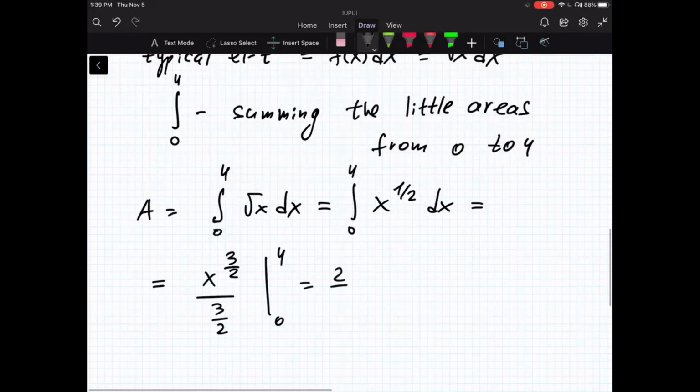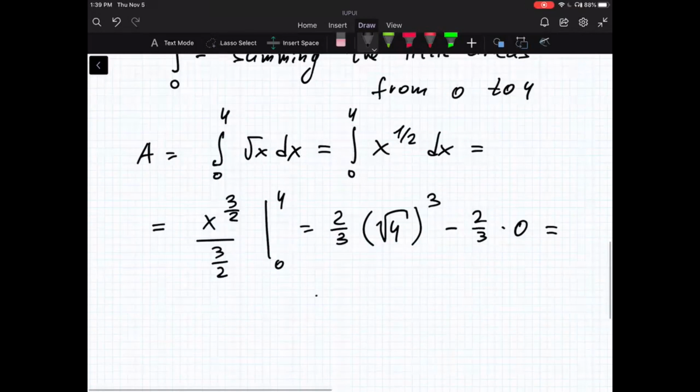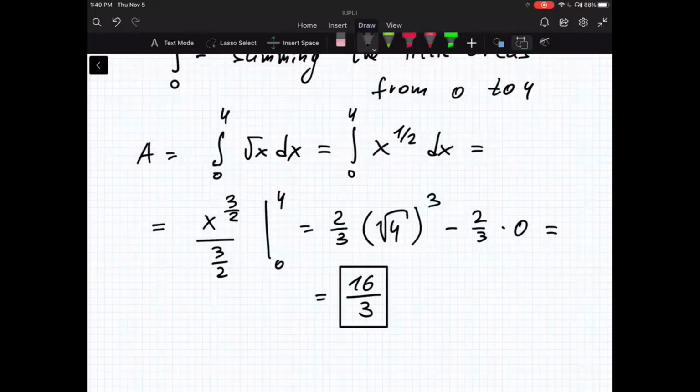And so I get 2/3 times 4 to the power 3/2, or square root of 4 to the power 3, minus 2/3 times 0. And so it is 8 times 2/3, and finally it's 16 over 3. So nothing new so far, just another way you can think about integration.